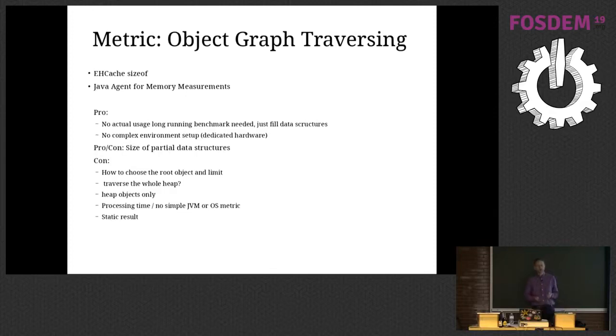The other problem is how much is actually traversed? How do I keep it from traversing the whole heap? And of course, it's the heap only, and it's only a static result; it does not cover what's happening when the program is actually running.